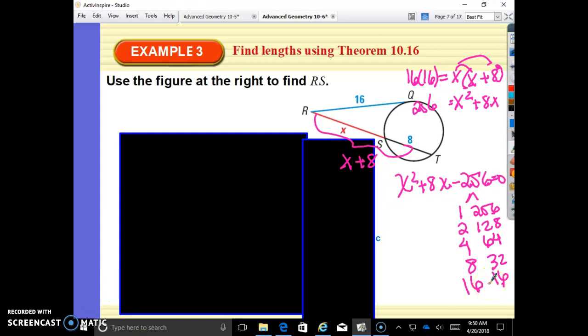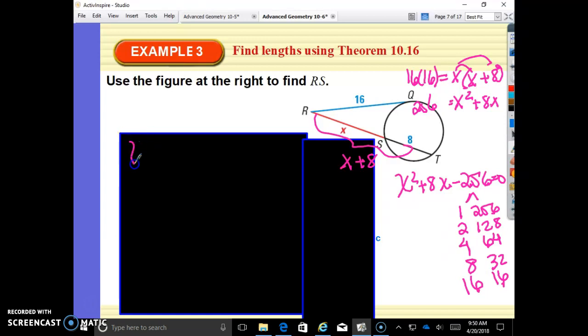Which of these multiplies to negative 256 and adds to positive 8? Any of them? No? So what do we have to use? The quadratic formula. Please watch my video on my daughter singing the quadratic formula song. It will help you memorize the quadratic formula.